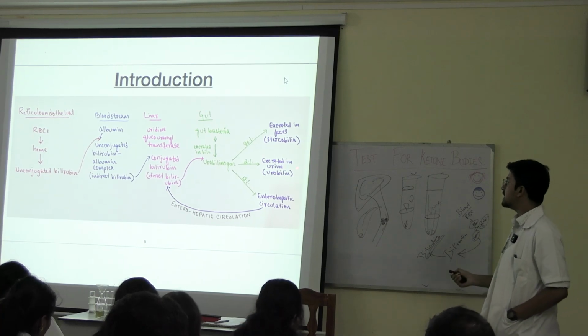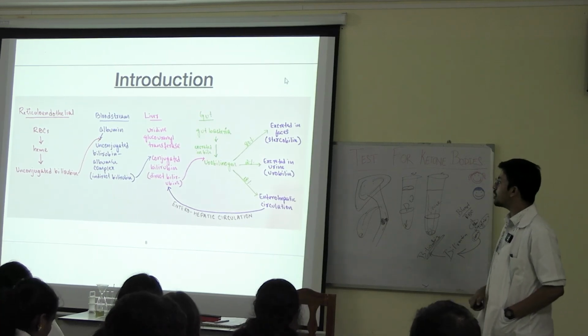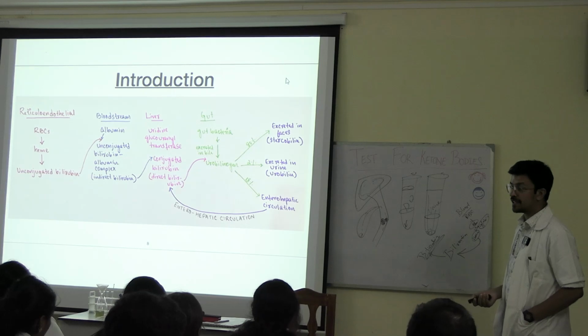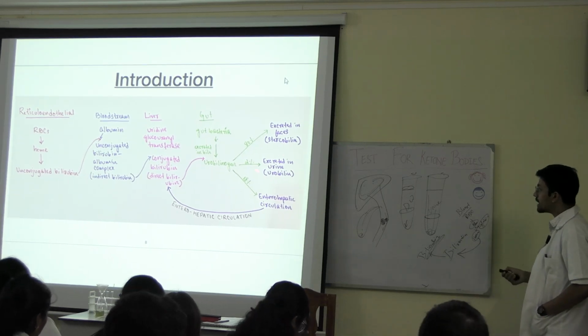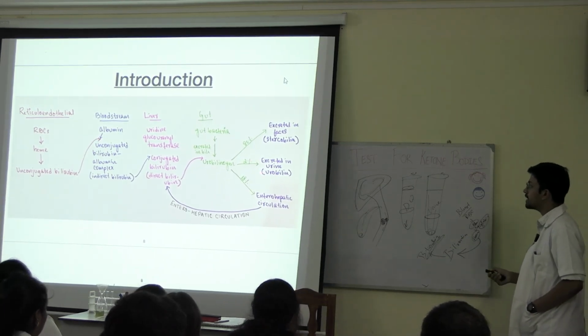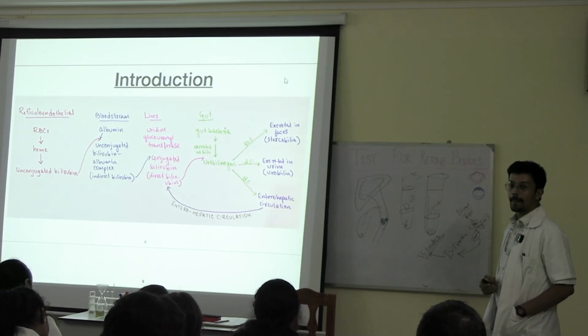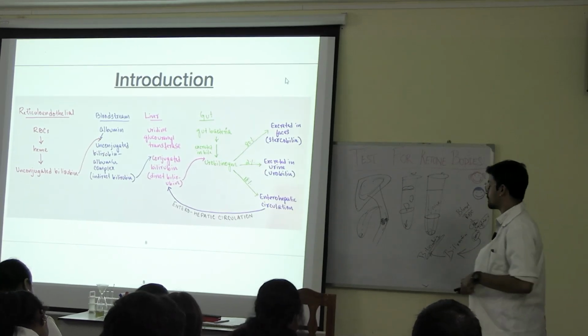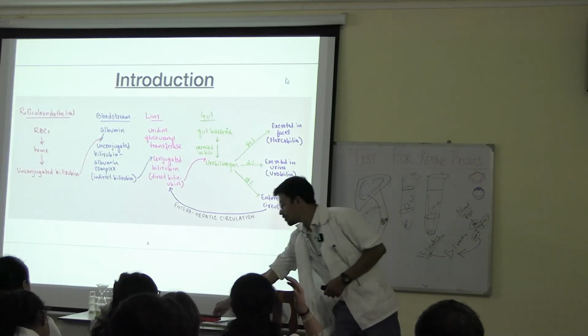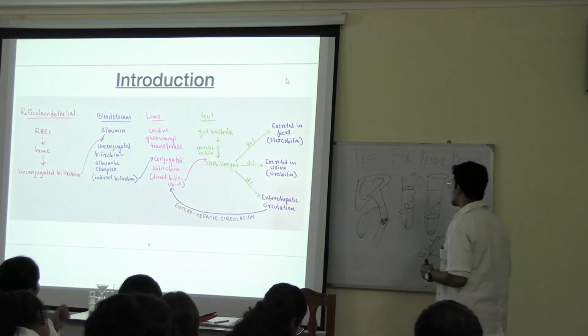Now there is a catch. Let's say there is an obstruction, an obstructive jaundice. Do you think the excreted bilirubin will be there in the urine? If there is an obstruction, again going back to the same concept, little confusing, but try to understand.